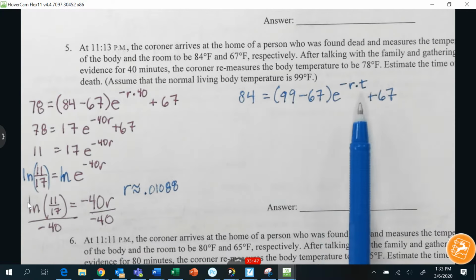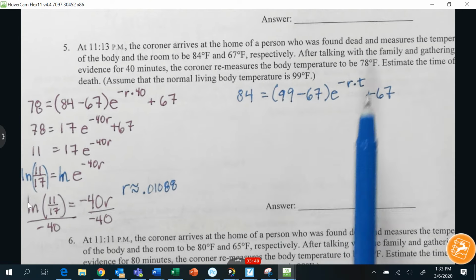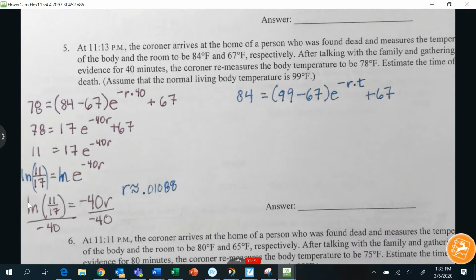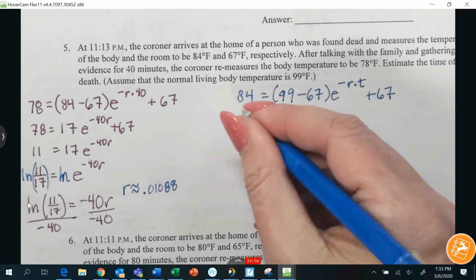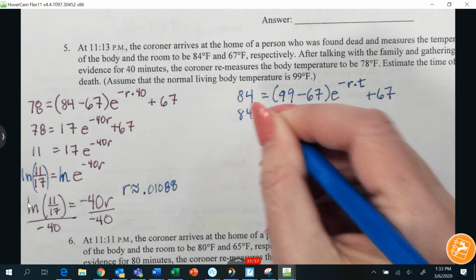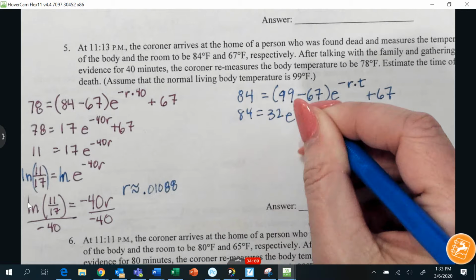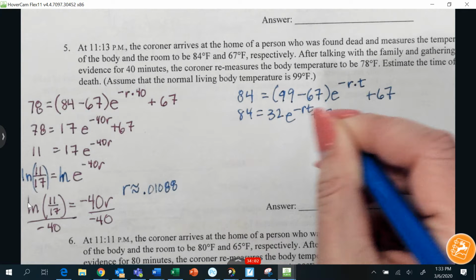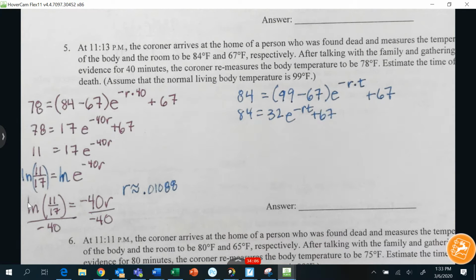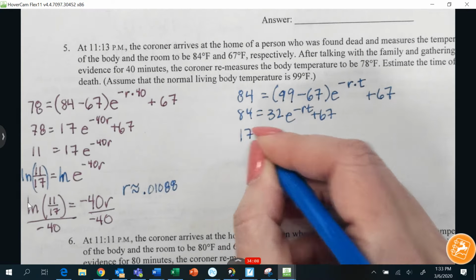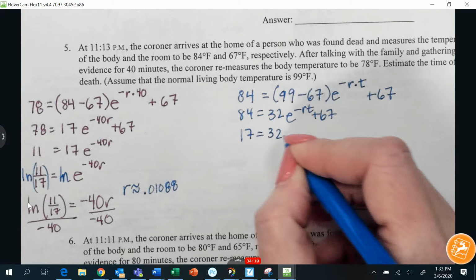Okay, so we're going to solve for t this time. So we got 84 equals 32 e to the negative r t plus 67. Subtract 67: 17 equals 32 e to the negative RT.